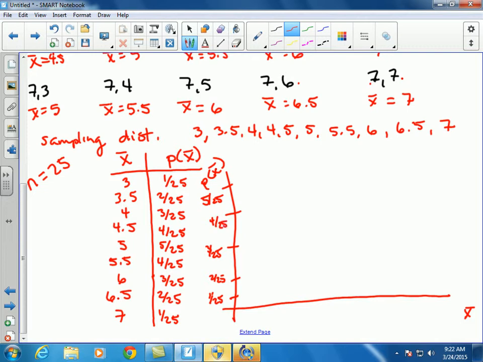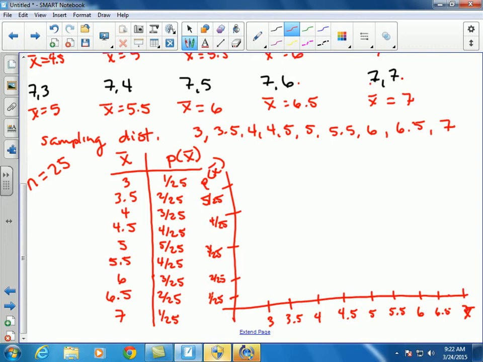And we could graph this. So this is 3, 3.5, 4, 4.5, 5, 5.5. Oops, I hope I don't run out of room. 6, 6.5, and 7. Okay.